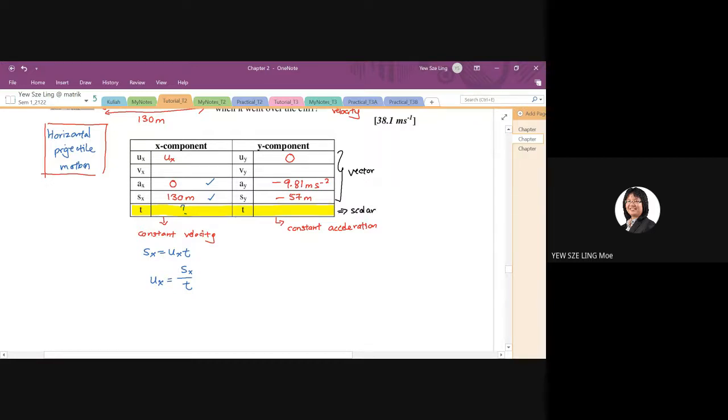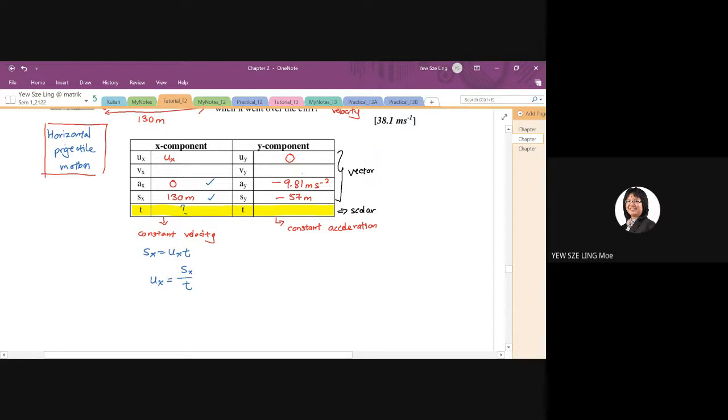Time can be used for both, which makes sense because time is a scalar quantity. It doesn't matter what the direction is, whether it moves horizontally or vertically, it takes the same amount of time to reach the final position. So ux equals sx over t, and now we don't have t. But we can use t from the y component because it is a shared variable.